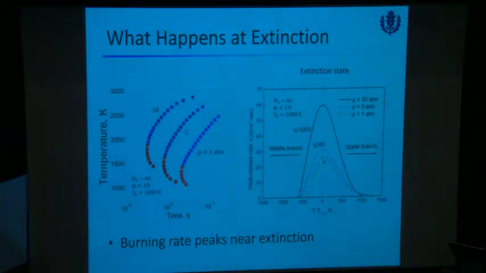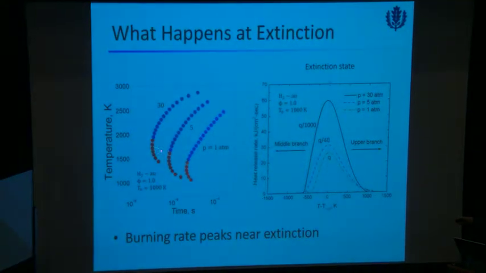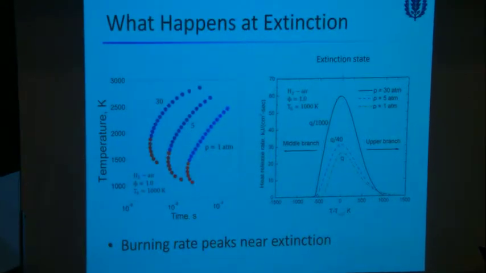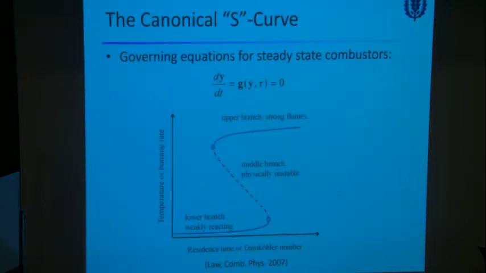If you look at combustion textbooks, people say something is balanced at the turning point. And at this turning point and this turning point, something is competing with each other, and they get balanced. What gets balanced? Chemistry versus loss. In both turning points, chemistry gets balanced with loss.